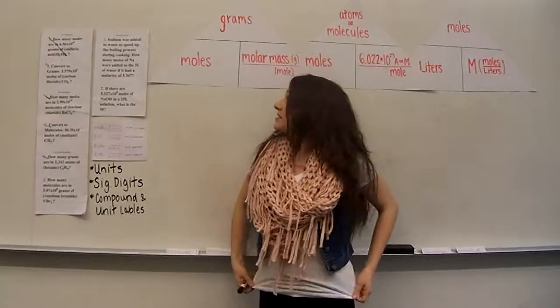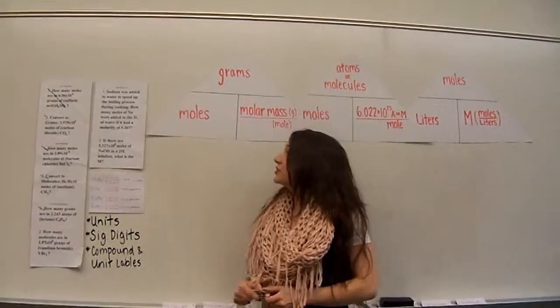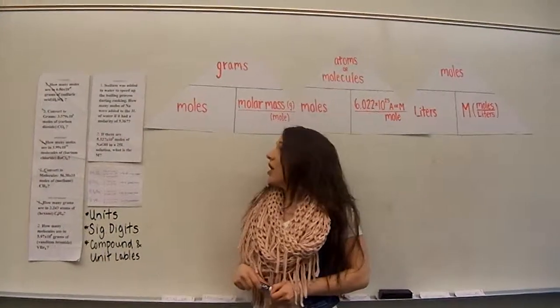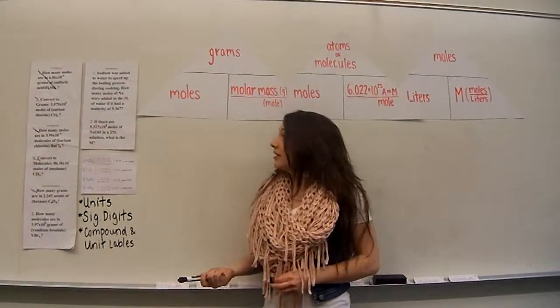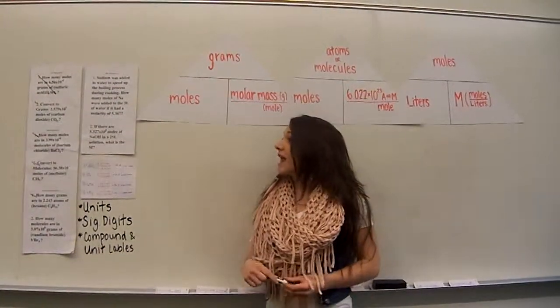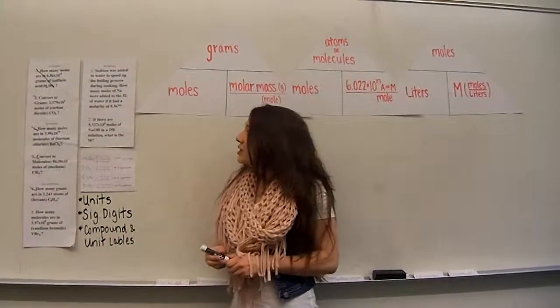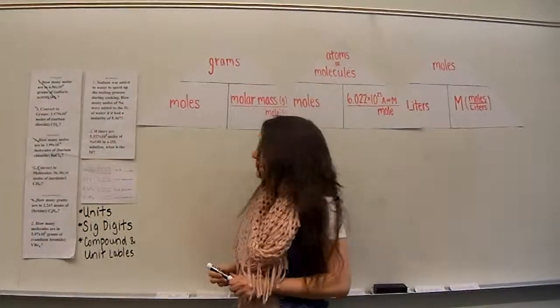Our problem states, sodium was added to water to speed up the boiling process during cooking. How many moles of sodium were added to the 3-liter solution of water if it had a molarity of 5.367? That's a little wordy, but in all reality, you only need to pay attention to the final 2 numbers.